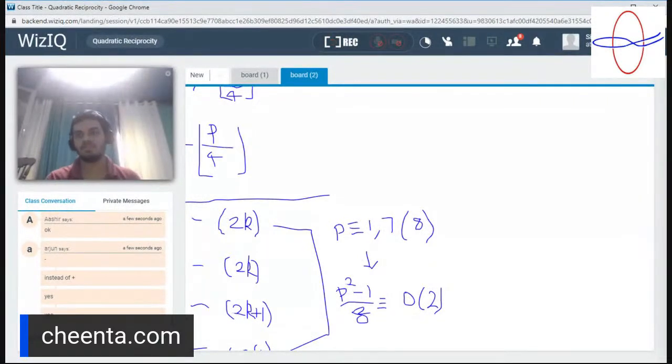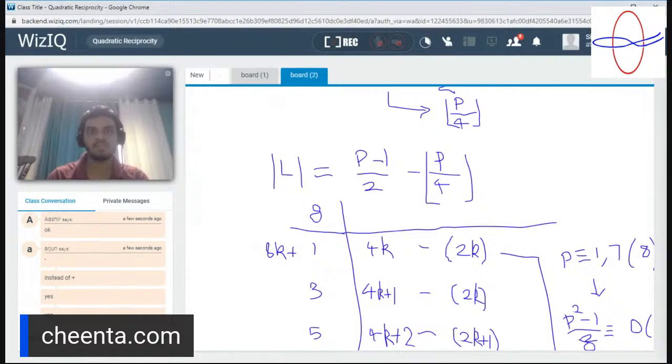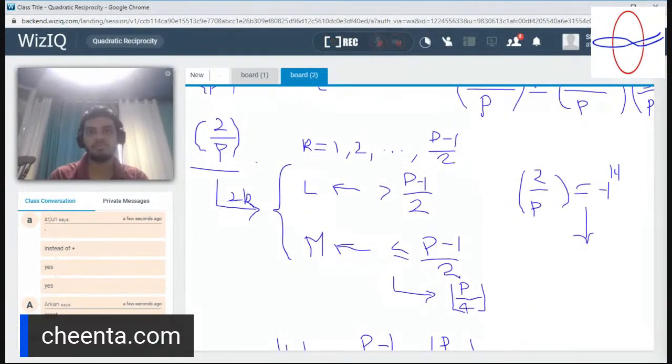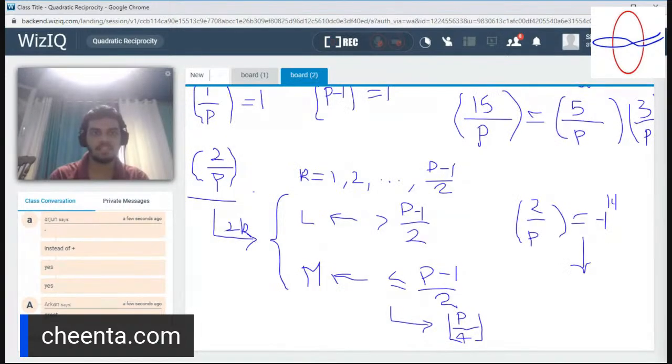Right? So p squared would always be congruent to 1 mod 8. These are the basic four properties of Legendre symbols that we can consider.